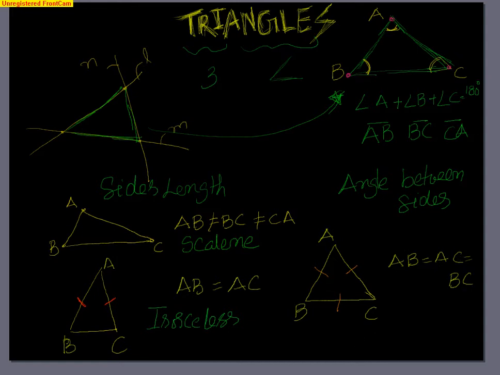Then this triangle is known as equilateral triangle. Equi means equal, lateral means sides. Equal sides, right? Equilateral triangle. These are the triangles you have with respect to the length. Now let's move ahead and see with respect to the angles what we have.